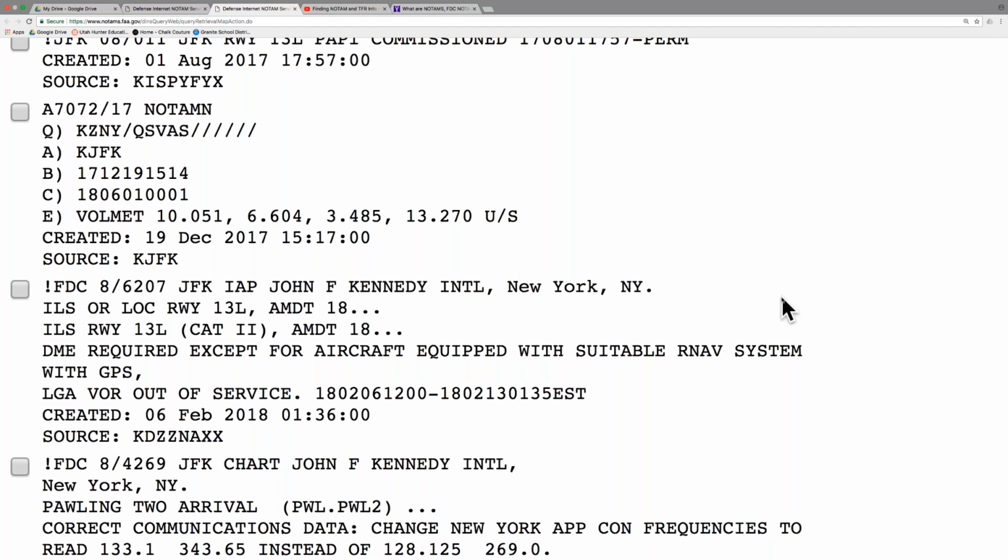I have a quick question. Where do these NOTAMs come from? Like who puts these together? Who generates them? Like where do they come from for us to be able to check? Yeah, that's a really good question. The NOTAMs are written by the airport facilities.